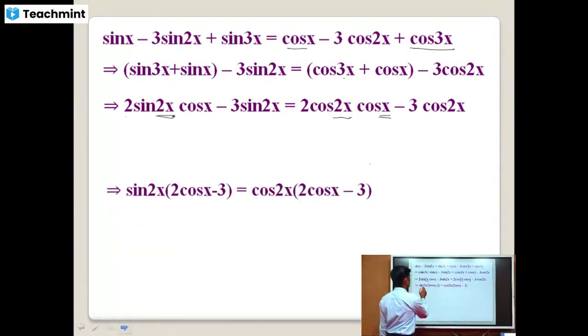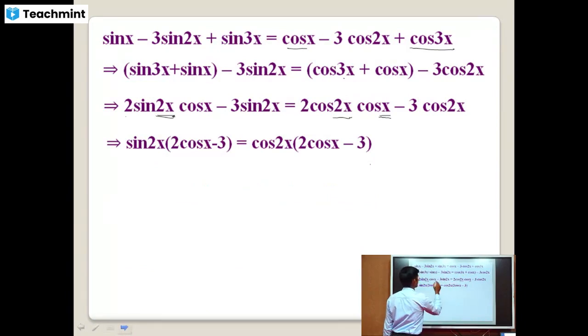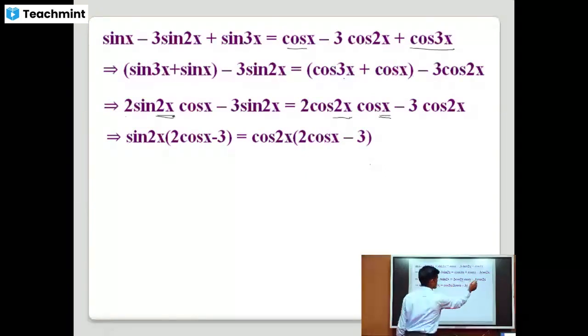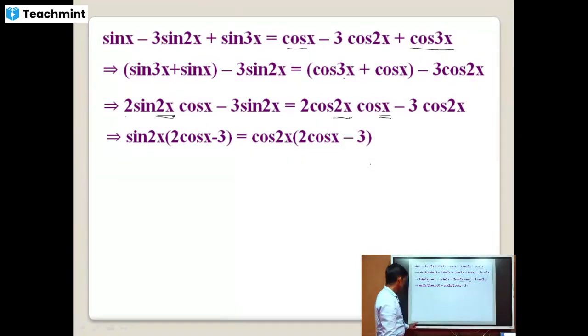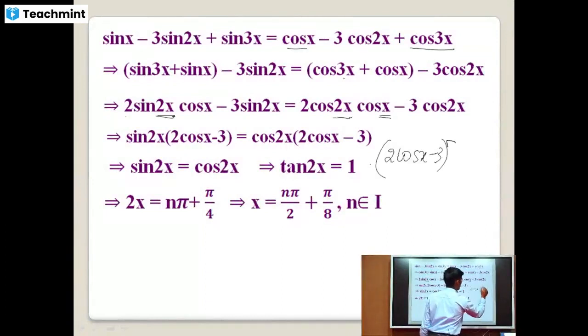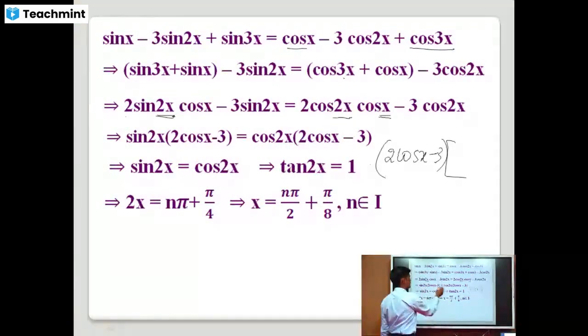Then here we can observe that sin 2x is common, therefore we will get sin 2x into 2 cos x minus 3, and here cos 2x common, therefore it is cos 2x into 2 cos x minus 3. So 2 cos x minus 3 is the common factor, then into we have sin 2x minus cos 2x, which is equal to 0.